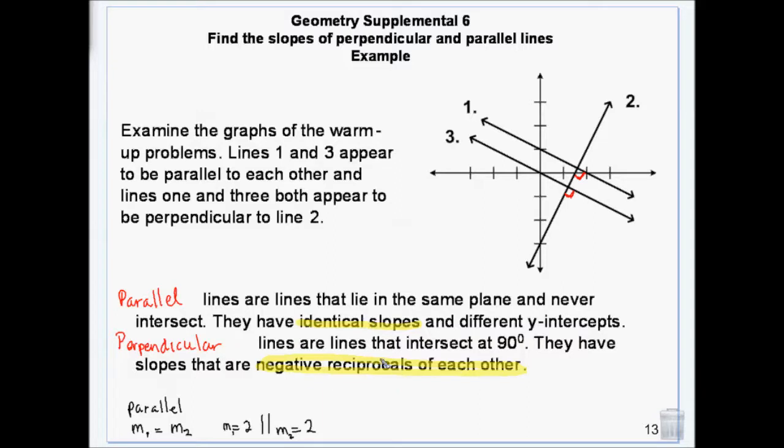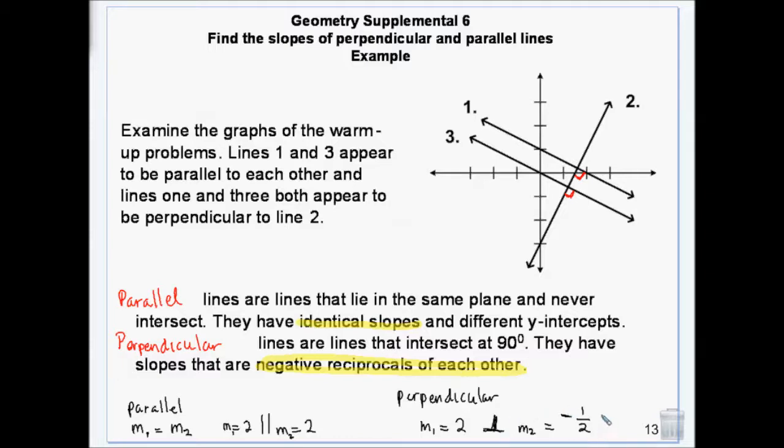Negative reciprocals of each other: if the slope of line 1 is 2 still, that's going to be perpendicular to a slope of -1/2. So 2 is parallel to 2. 2 is perpendicular to -1/2.